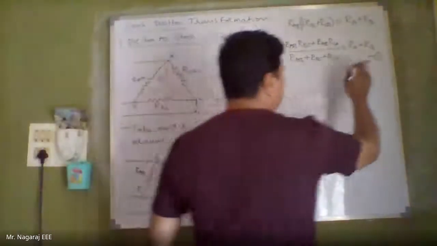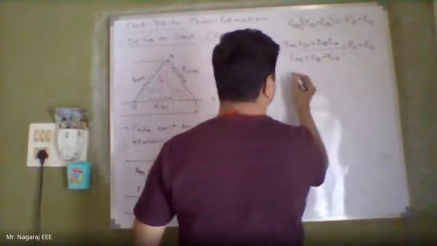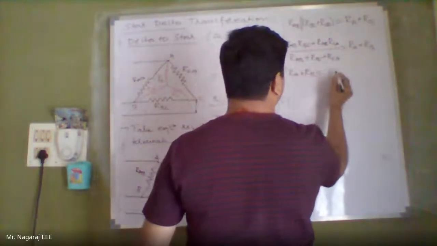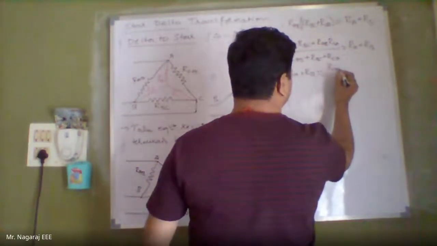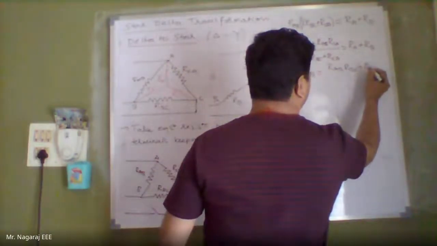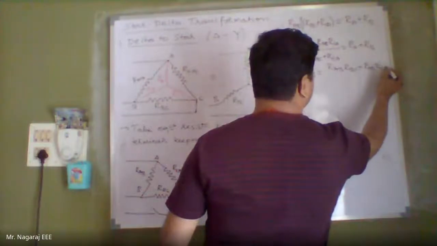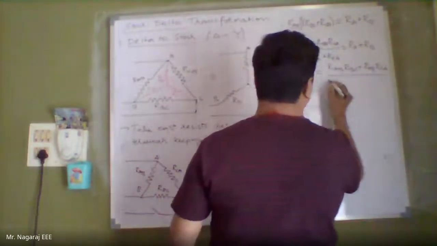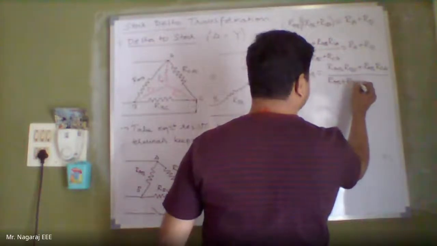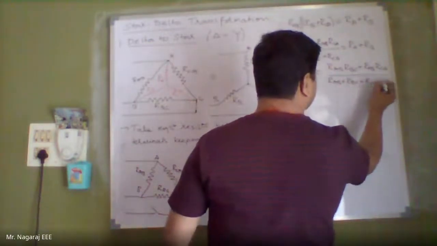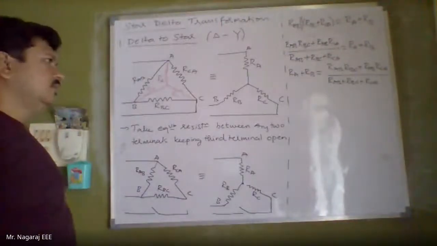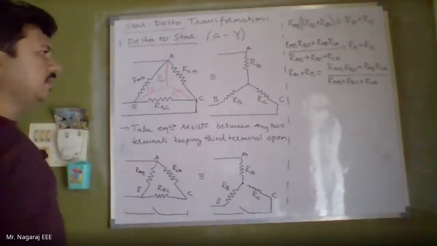Or I will rewrite this: RA plus RB is equal to RAB RBC plus RAB RCA, divided by RAB plus RBC plus RCA. This is between A and B.